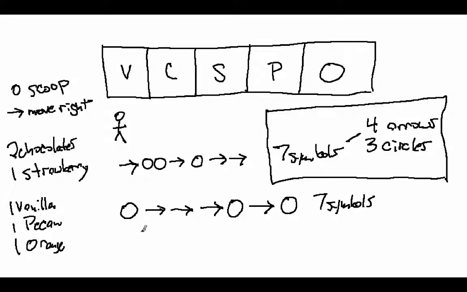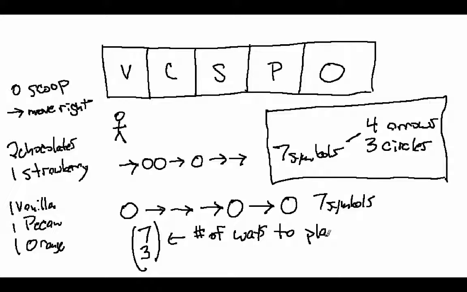And the answer is 7 choose 3. Okay? This is the number of ways to place 3 circles in one of 7 spots.